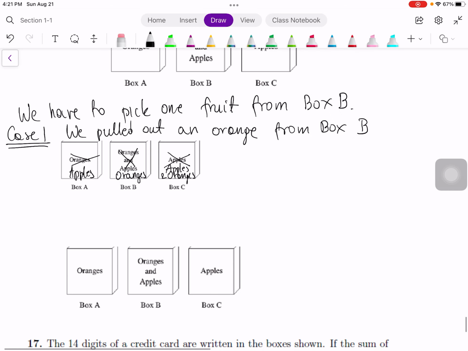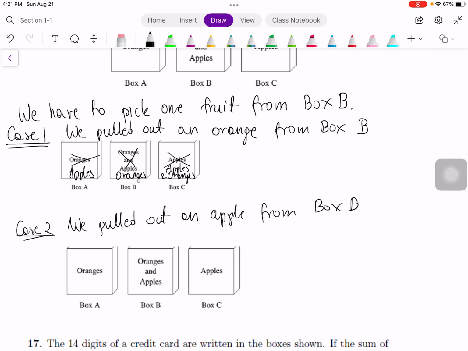Okay. But what about case 2? What if we pulled out an apple from box B? I know it's not oranges and apples, so if I pull out an apple, that means there are only apples there, right?